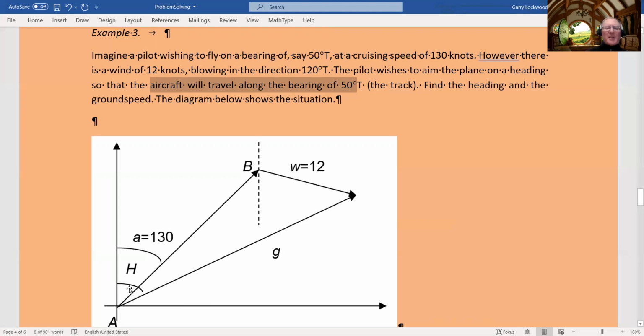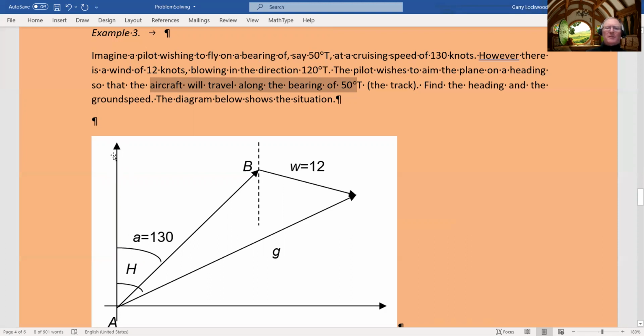So what we've got here is, it's not my best diagram, I will tell you. This is the heading right here. The plane is flying in that direction, and that arc actually indicates the angle h at which the plane is flying.